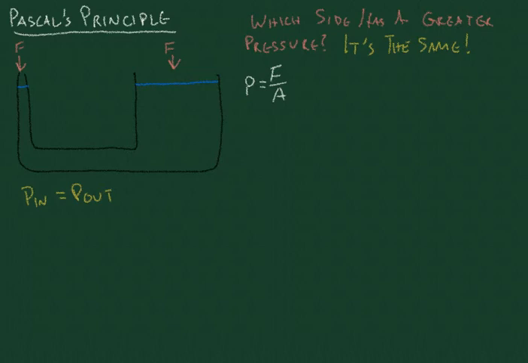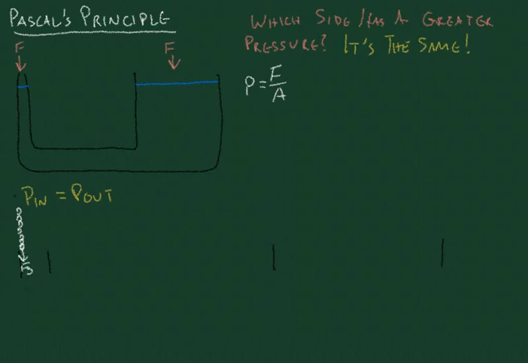So let's blow up the left side over here, and we'll blow up the right side over here. Okay, so now let's think about a column of air that's on top of this. If we were to look at all these air molecules right above us, this column is going to have some gravitational force down, right?